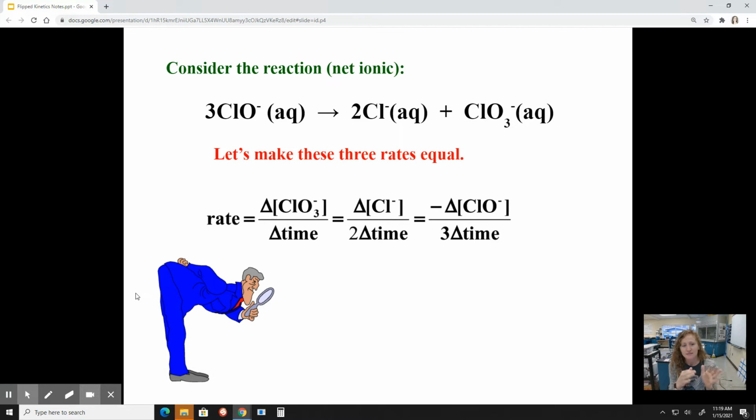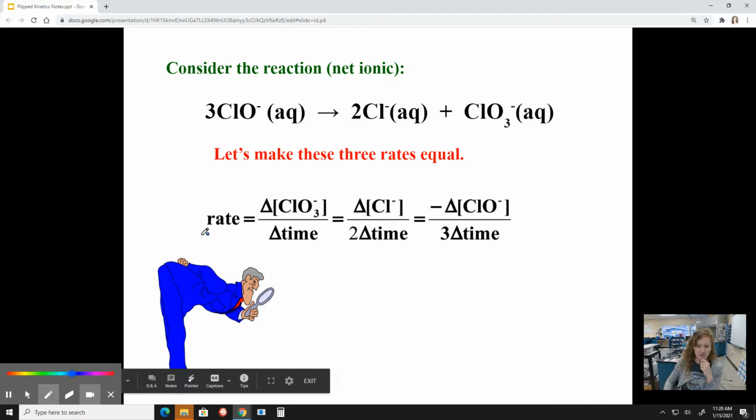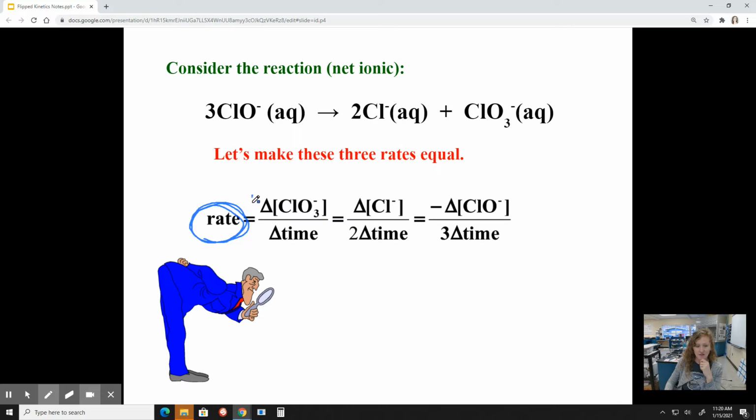because we can define rate according to any molecule inside our reaction, like I said, we want to move towards this more consistent view of looking at a chemical rate. So when we define rate in terms of one molecule in our reaction, there is a way we can make these rates equal to a consistent rate. So if you take that rate we just built, this one was going to be 1 molar per second. This next one was going to be 2 molar per second.